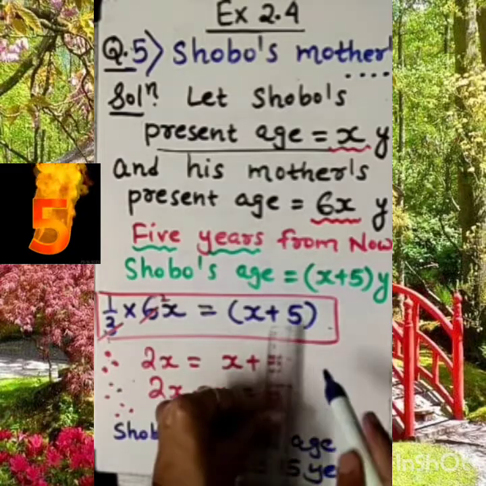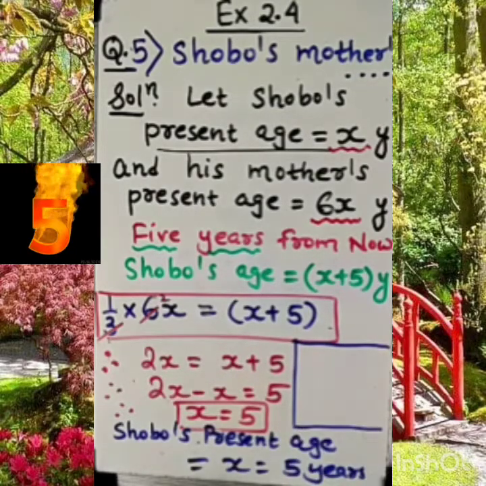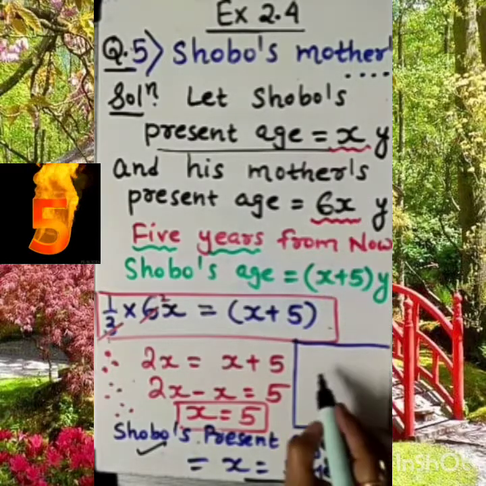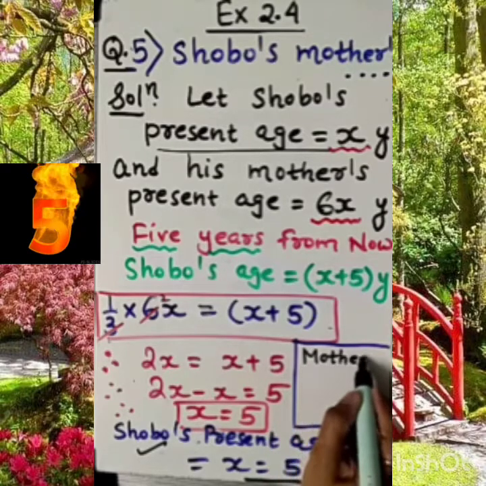What about the mother's present age? Here only I am solving it and mentioning it. Just look at your screen. As we have found, Shobo's present age is 5 years. Fine. Now, what about the mother's present age? It is 6x. So let me note down the mother's present age.